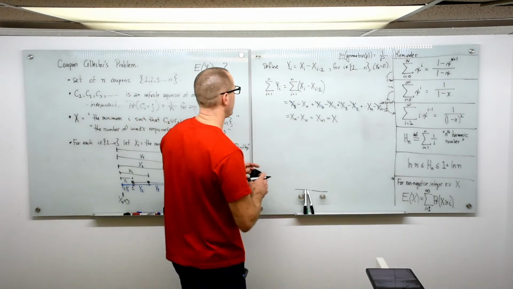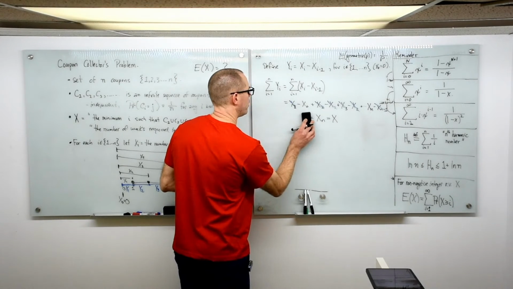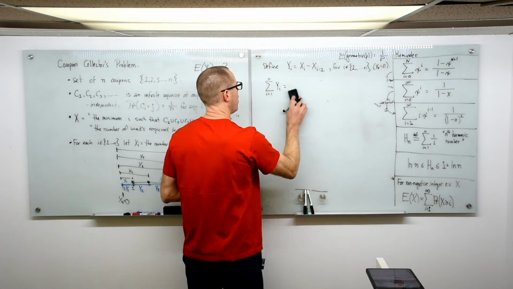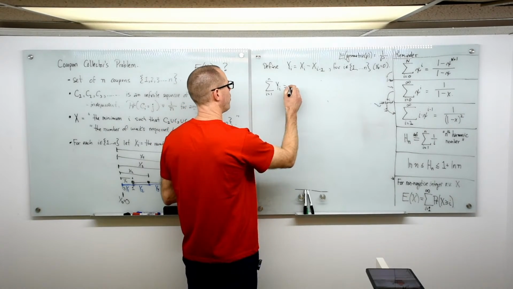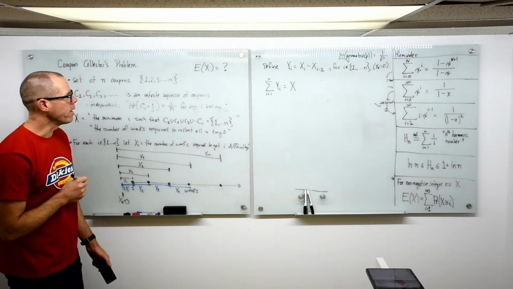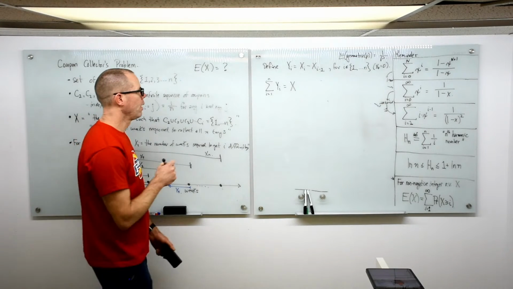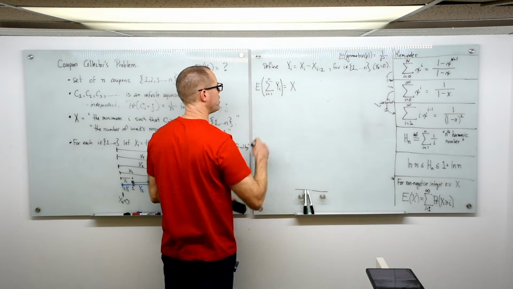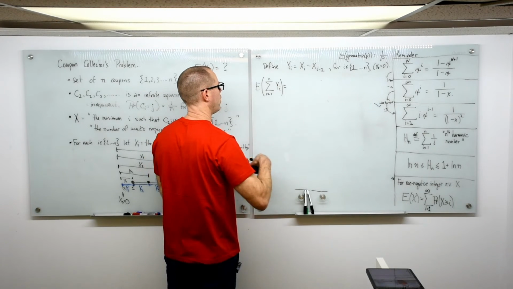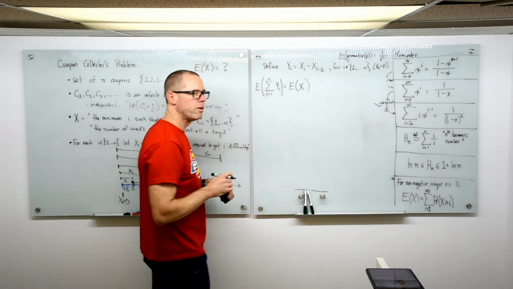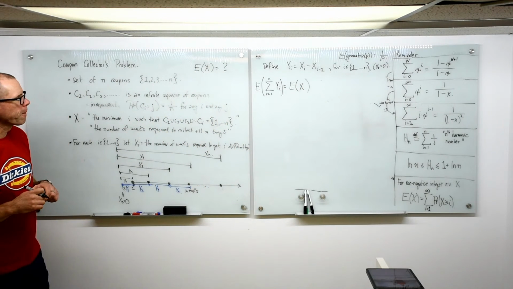So, that tells us that the sum i equals 1 to n of yi is just x. It's the thing that we're trying to study. That means that the expected value of that sum is equal to the expected value of x.